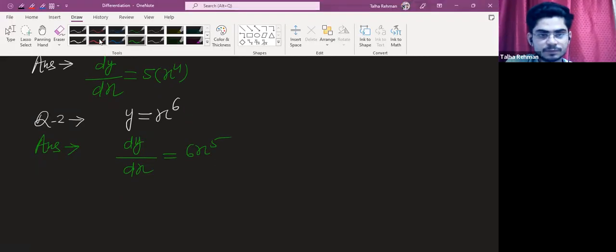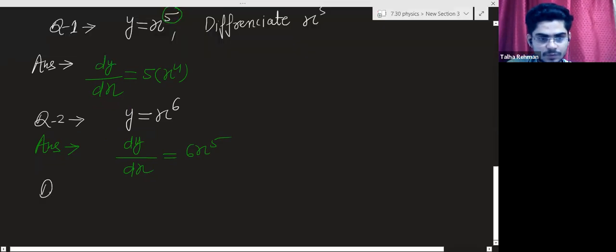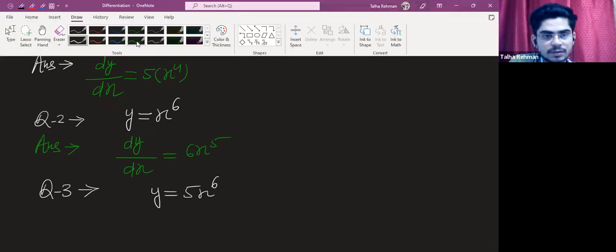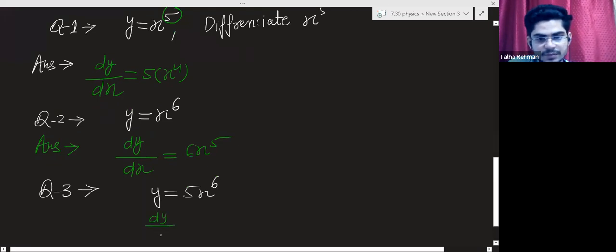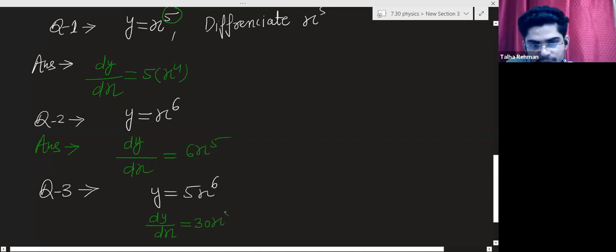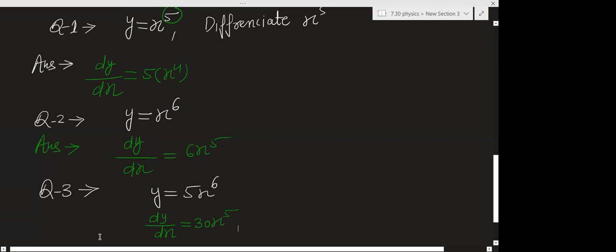If y is equal to 5x to the power 6 and I want to calculate dy by dx, what will you do? You should multiply this 6 with this 5. This will be 30, and x to the power 6 will become x to the power 5. Simple, no?